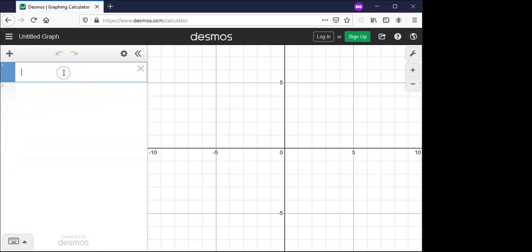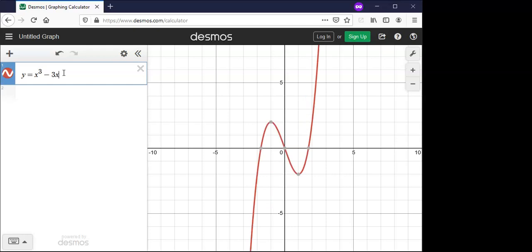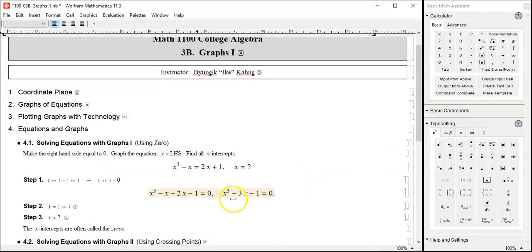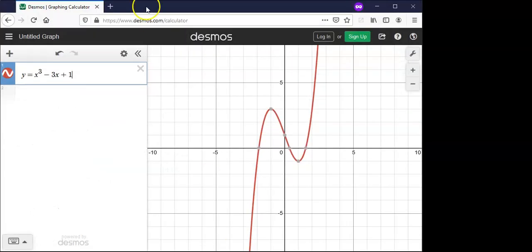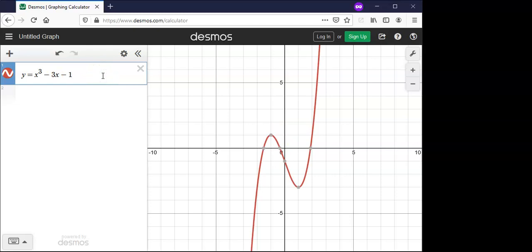And then y equals x cubed minus 3x plus 1, was it? Minus 1. Okay, that's my graph. And when this thing is equal to 0, in other words, the y coordinate is equal to 0, we have a solution.